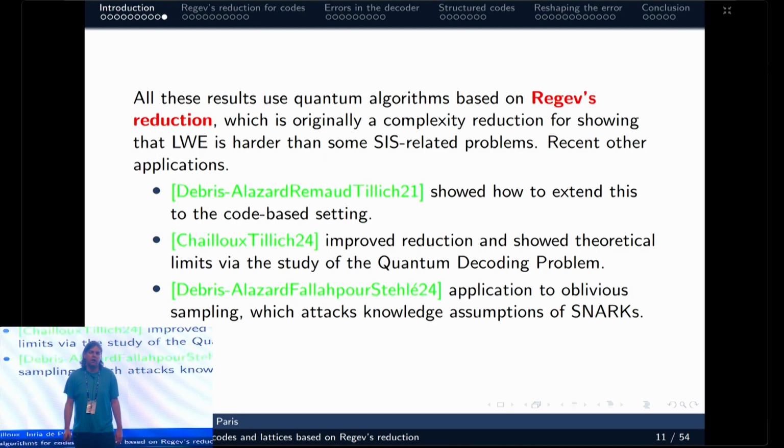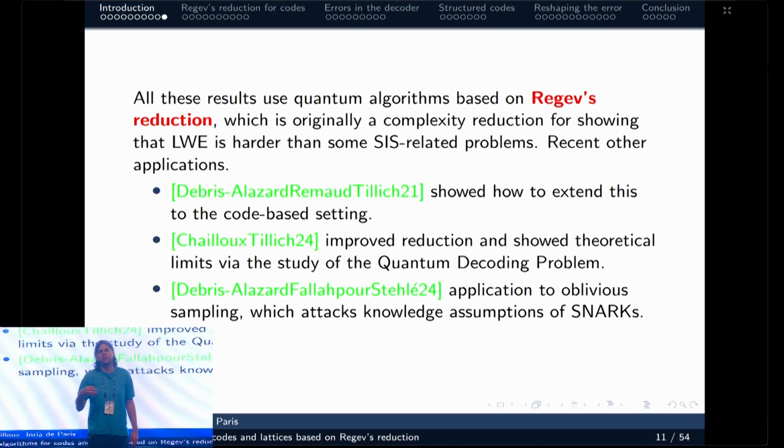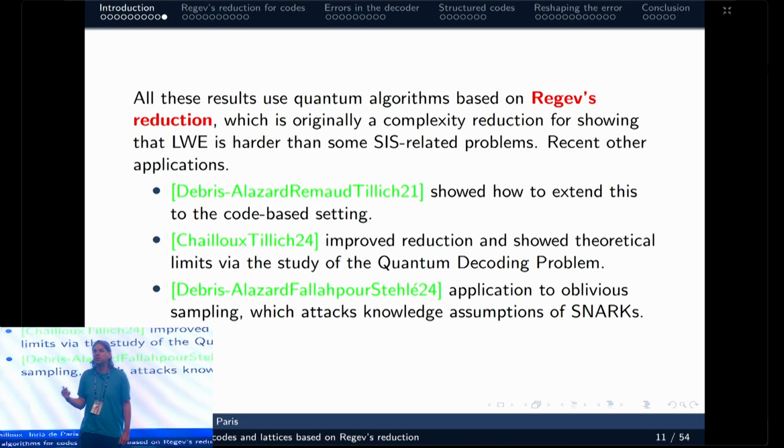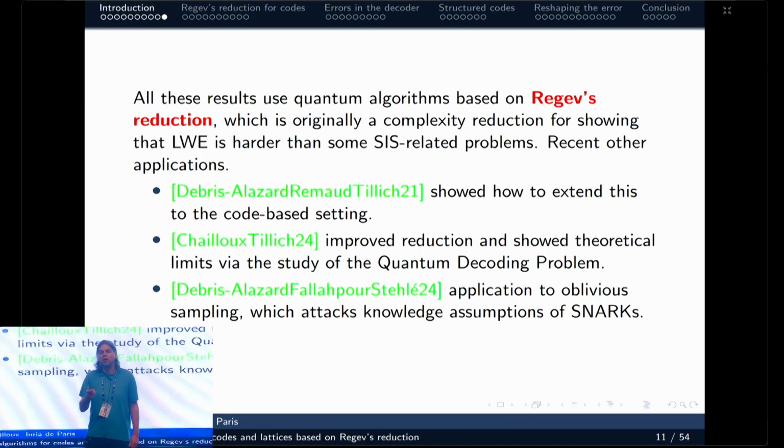Debris, Alazard, Rémi, and Tillich showed how to extend this to the code-based setting. With Jean-Pierre Tillich, we also showed how to improve this reduction by the study of the quantum decoding problem, which I also talk about. And there have also been applications to oblivious sampling. So even applications outside of purely trying to show quantum advantage could be done using this framework.